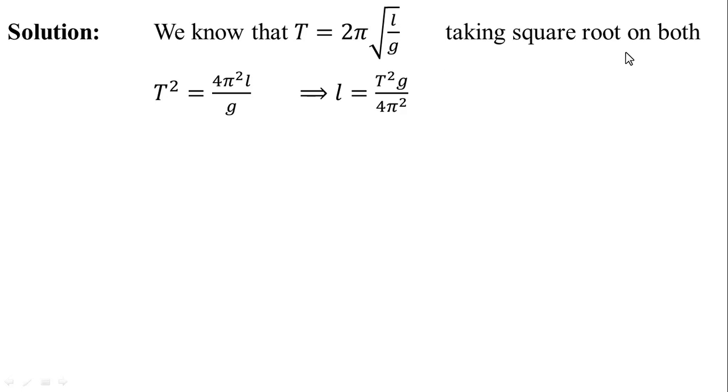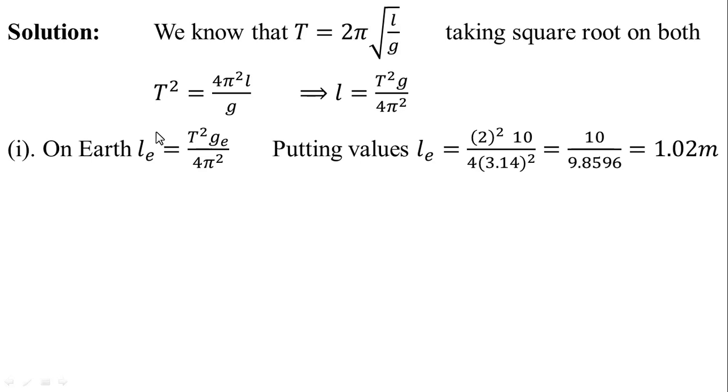Taking the square on both sides, T square is equal to 4π square L over g. Now we can find the length: g is multiplied on the other side and 4π is divided on the other side. This implies that L is equal to T square g upon 4π square.